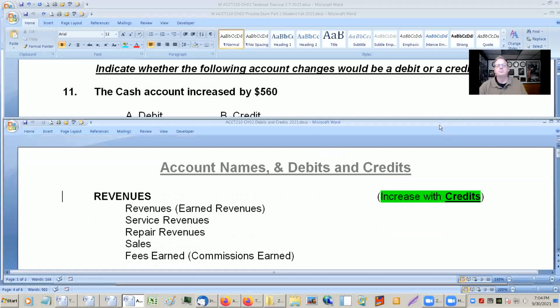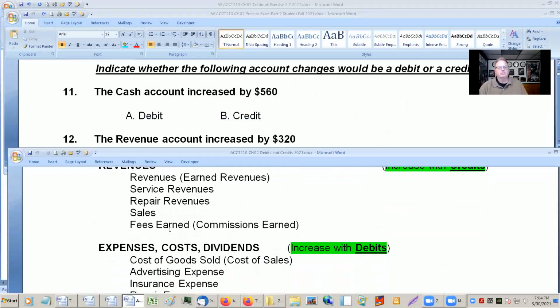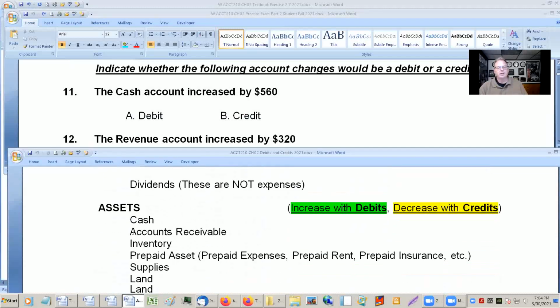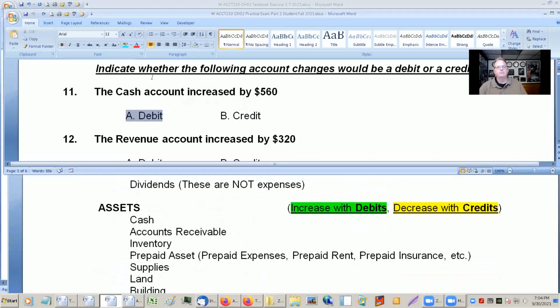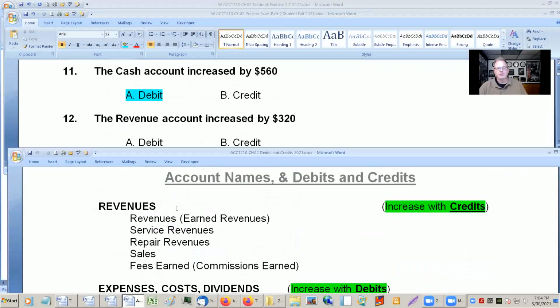Decrease is also debit, I think. Okay, so cash increase. Debit. Yep, cash increase. Right, debit. Revenue account increased by 320 is credit. I do credit.